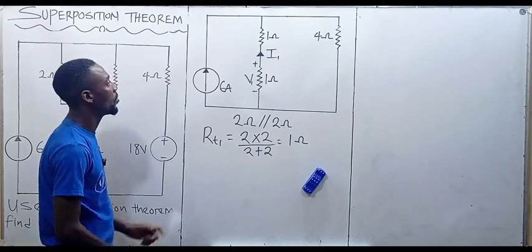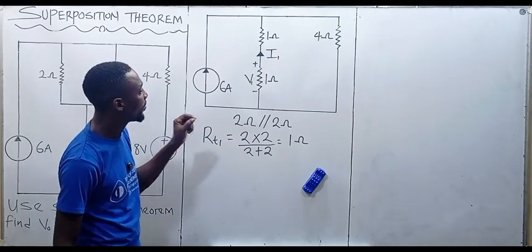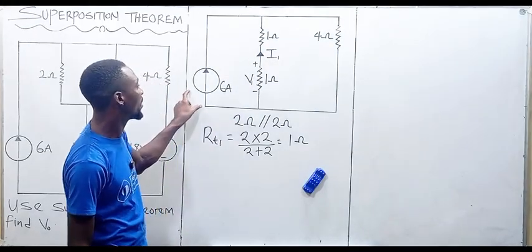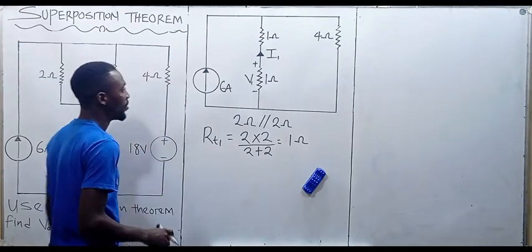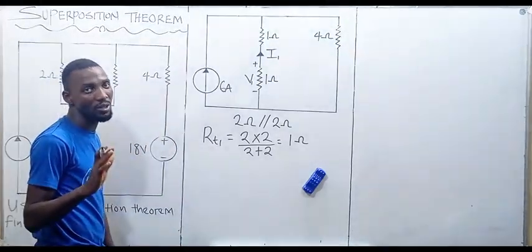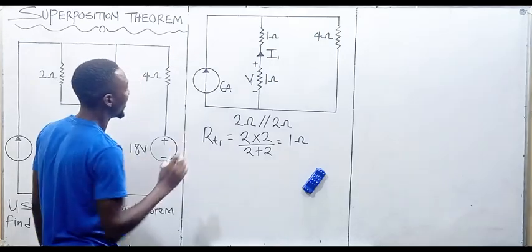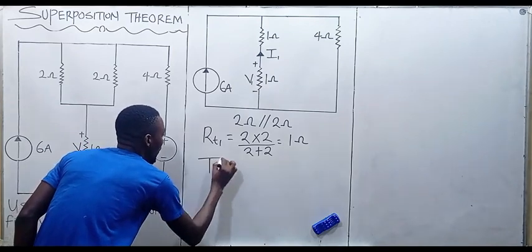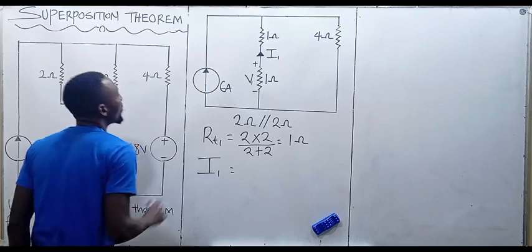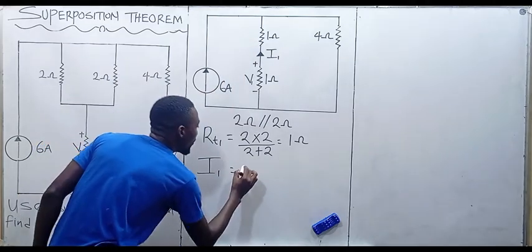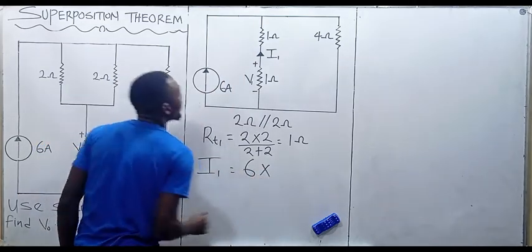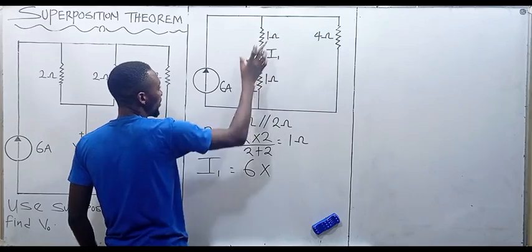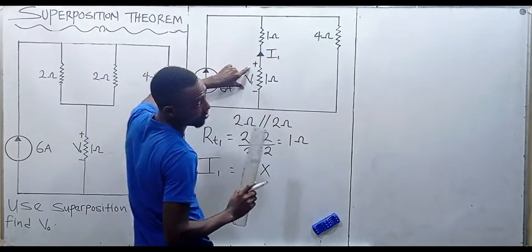All right. So how do we find the value of our I1? Since we know the current that is entering the circuit, we can use the current division rule to find our I1. So our I1 will be equal to the current that is entering, which is 6, multiplied by, now what is the branch that is opposite to this branch? Because this is our voltage source here, right?